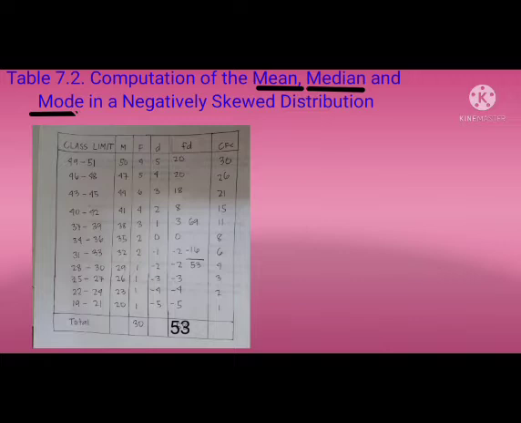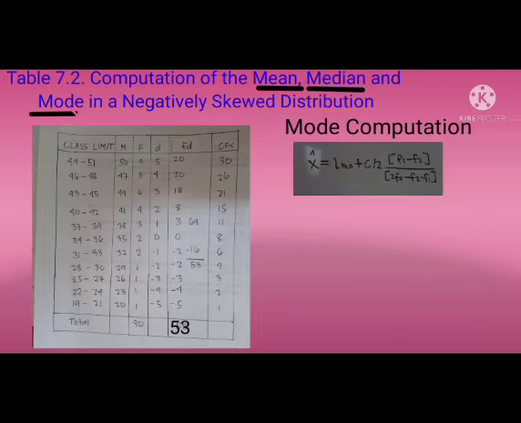And last, let's calculate the mode. To calculate the mode in a negatively skewed distribution, we have this formula.